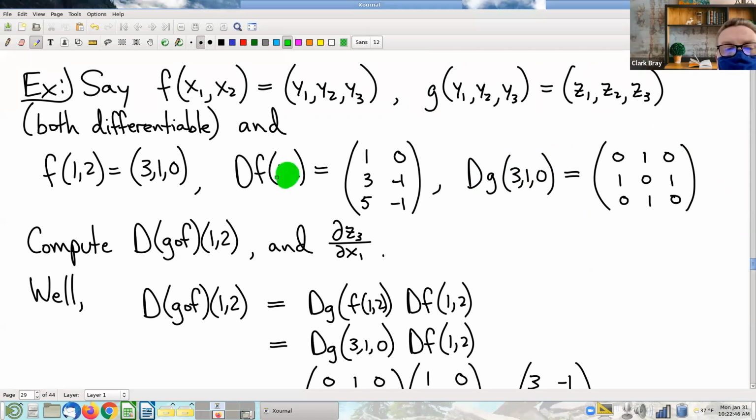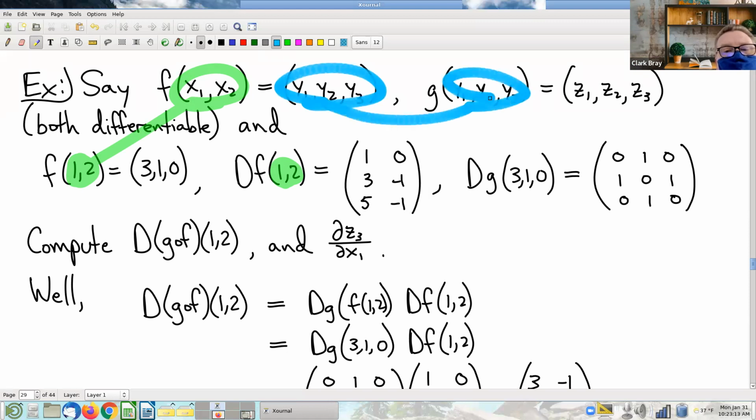In particular, this (1, 2) is where I know df, because that's where I'm evaluating f. It's the value of x1, x2. So what does that mean about where g is evaluated? Well, g is evaluated at what comes out, and what comes out is this point, y1, y2.